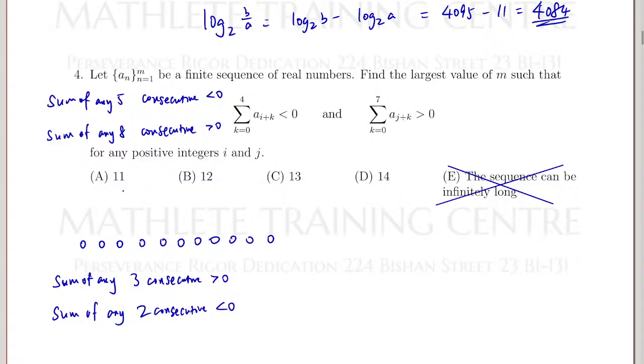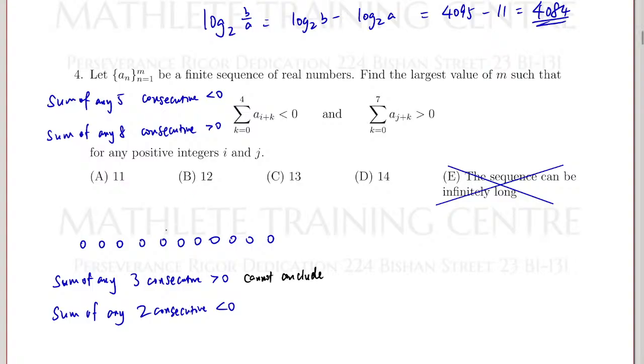Okay, so previously sum of any 5 consecutive is less than 0. Sum of any 8 consecutive. Right? So I can do this all the way. Yeah, okay. The first one is wrong. You cannot conclude this. Why is the first one non-conclusive?